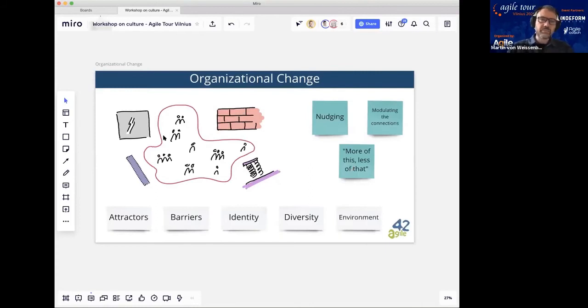So the way I imagine it in my own little way is that the organization is like an amoeba, or a cluster of people working together, and there are links between people. There's a boundary, an inside and an outside. Sometimes the organization is finding its own shape over time, and that shape is determined by the amount of energy inside.